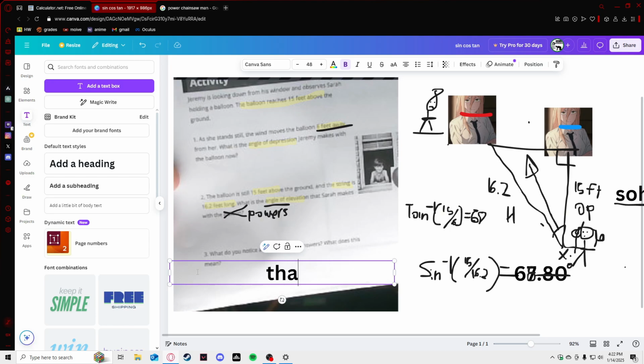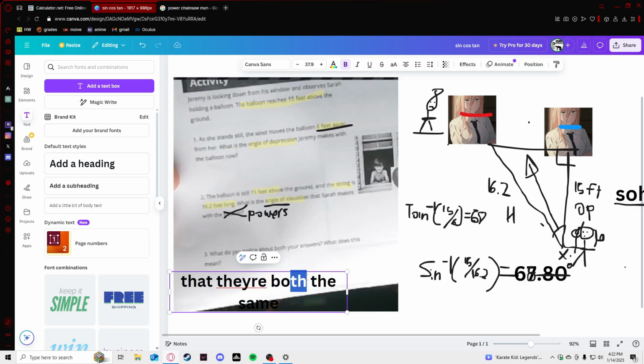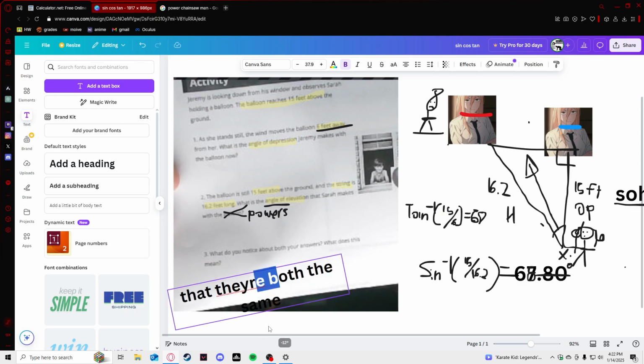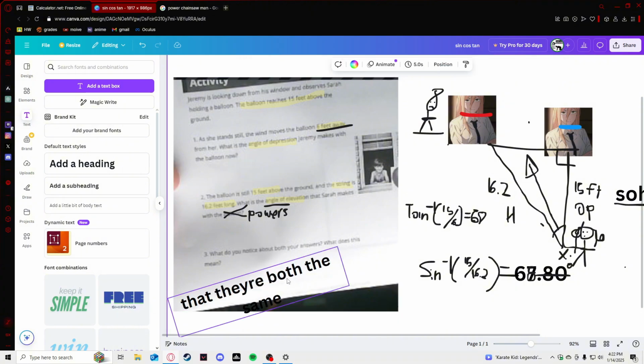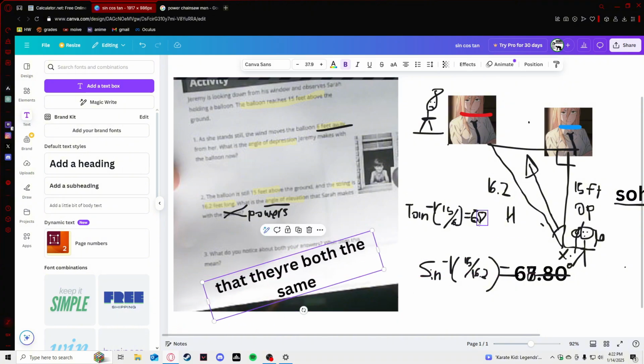That they are both the same. Simply, both the numbers equaled. They both equaled up to 68, if we round it, of course.